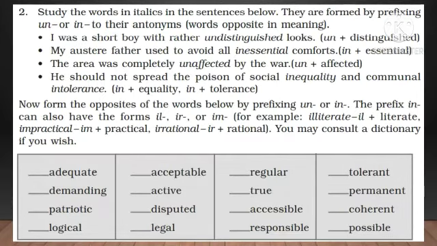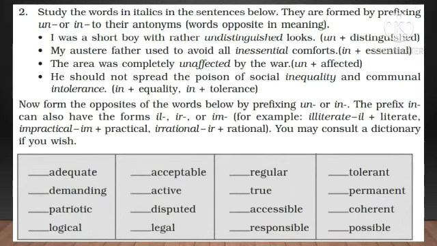Here the first word is adequate. We need to use the prefix in order to get the antonym, that is inadequate. Then next we have acceptable. Here you need to use un: unacceptable.